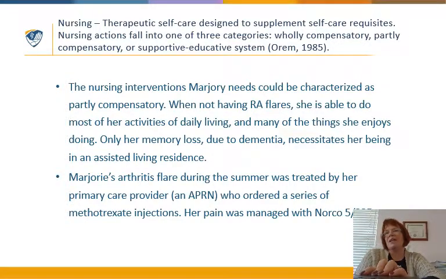Marjorie's arthritis flare during the summer was treated by her primary care provider, who was also an advanced practice registered nurse, who ordered a series of methotrexate injections, and her pain was managed with Norco 5-325s.